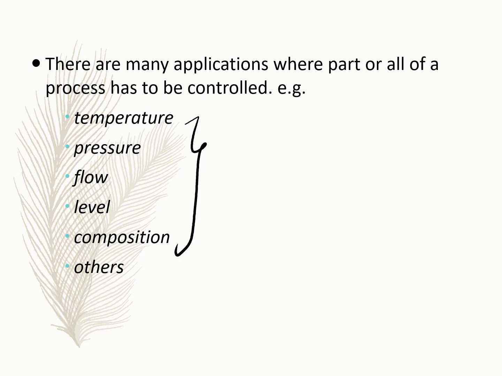Normally, we do not have to control all of these conditions. It depends on the objective of the control itself. Like I was saying before, if the objective is to maintain boiling water at 100 degrees Celsius, the process condition in play is only temperature.